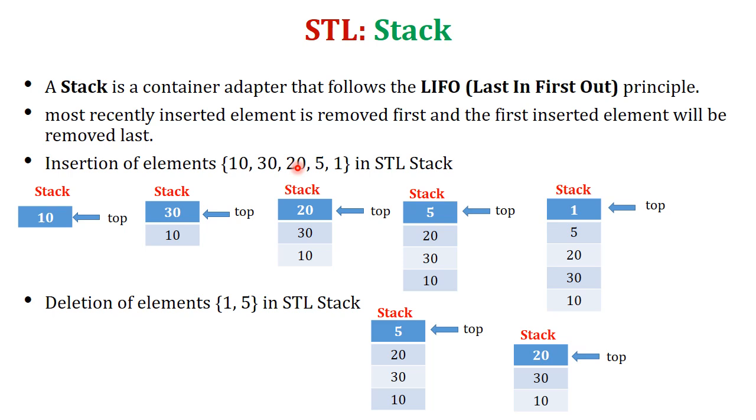Similarly, 20. So now the memory space will be allocated, the pointer will be incremented, the pointer will point to the top of the stack, where we are going to insert the new element 20. And similarly, next value 5. Again, the memory will be allocated, the pointer will be incremented, it will point to the top of the stack, where we are going to insert the new element 5.